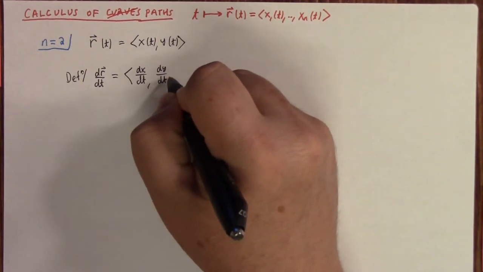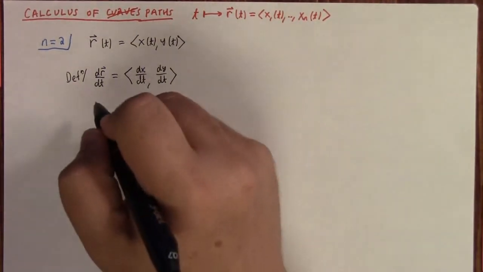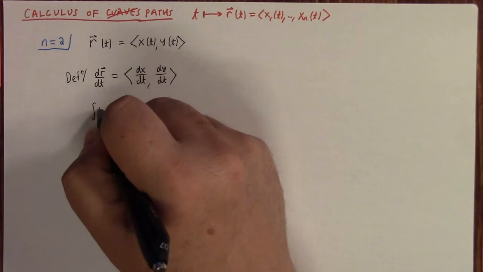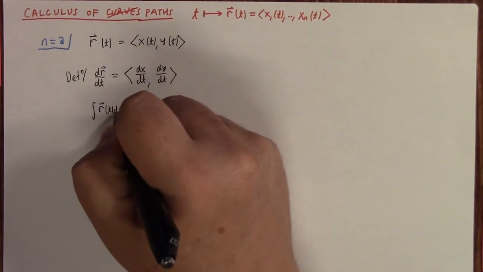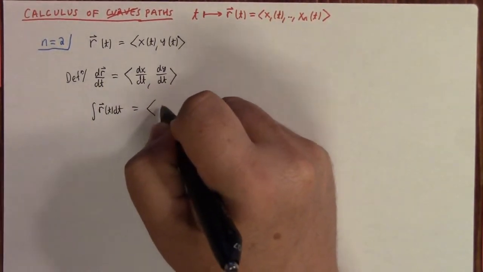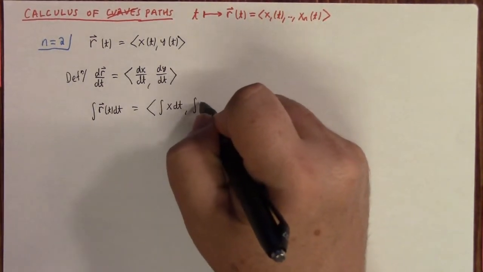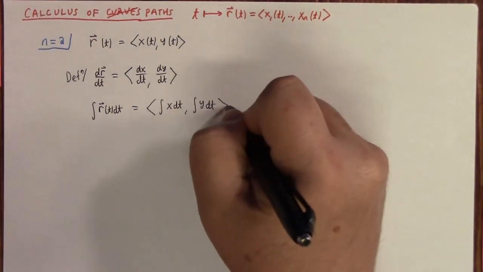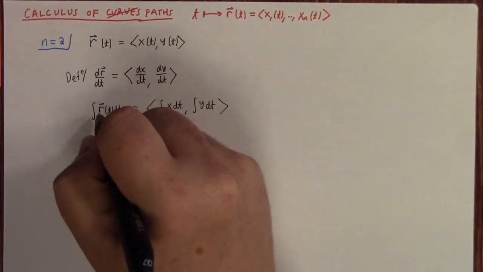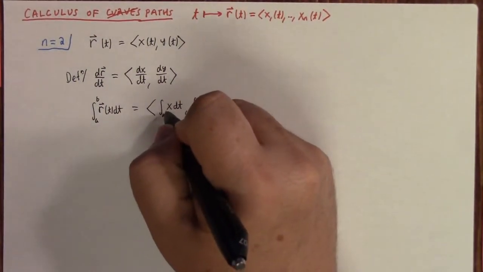So you just differentiate each component function separately. The integral of r of t dt would be the integral of x dt, integral of y dt. You could also make that a definite integral, and you just do like this.